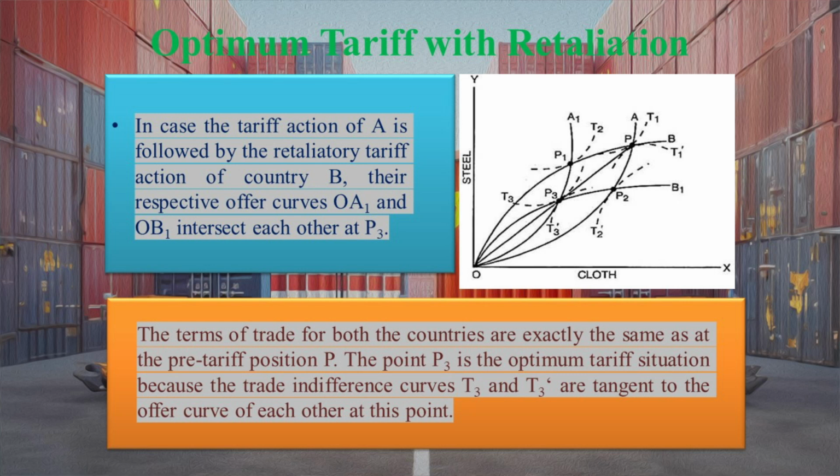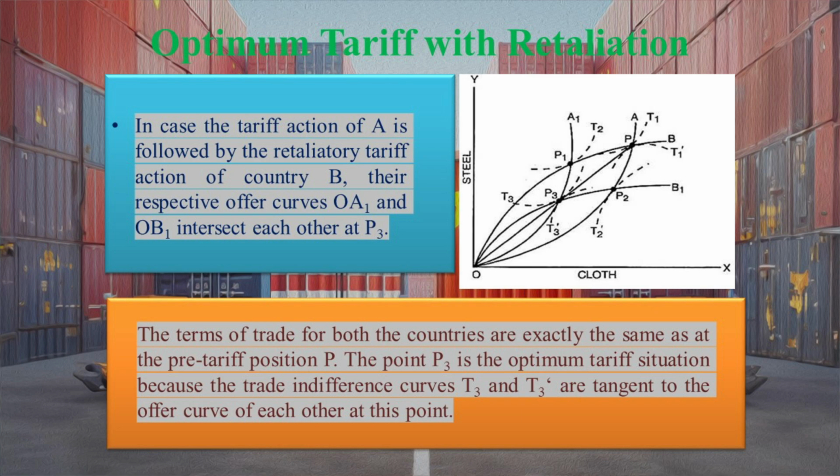So what happens at this point P3? The terms of trade for both the countries are exactly the same as the pre-tariff position P. The point P3 is the optimum tariff situation because the trade indifference curves T3 and T-3 are tangent to the offer curve of each other at this point.